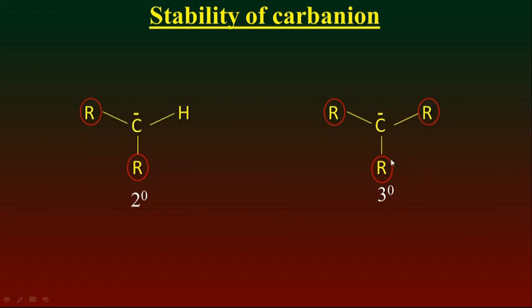The 3 alkyl groups donate more and more electrons than in the 2 degree carbanion. So we can say that the 2 degree or secondary carbanion is more stable than the 3 degree carbanion.